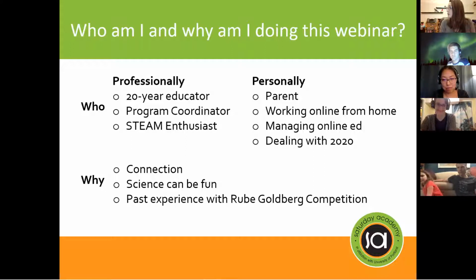I've also had some past experience with the Rube Goldberg competition. When my daughter was in 4th grade, her teacher entered her class into the competition that year. And I think the goal for that year was to open an umbrella. I was able to work with about 30 4th graders with another parent who is a science educator.